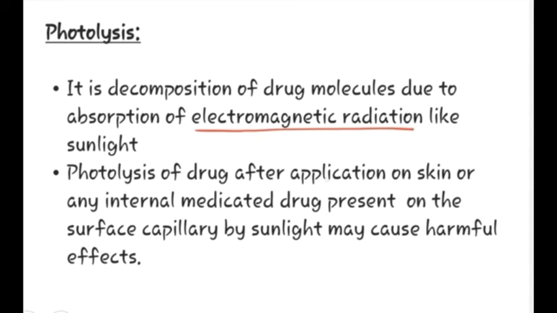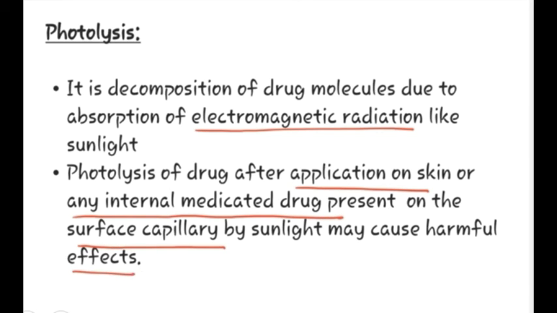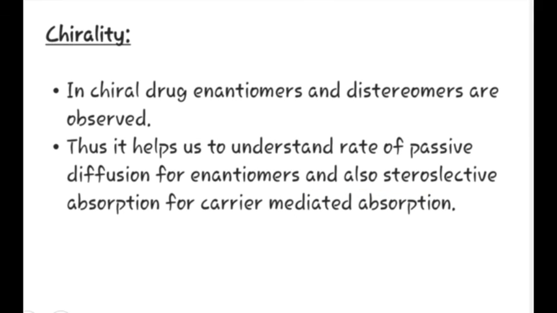This equation is very important for GPAT. For weak bases, pH = pKa + log of unionized form upon ionized form, and for weak acids, pH = pKa + log of ionized form upon unionized form.